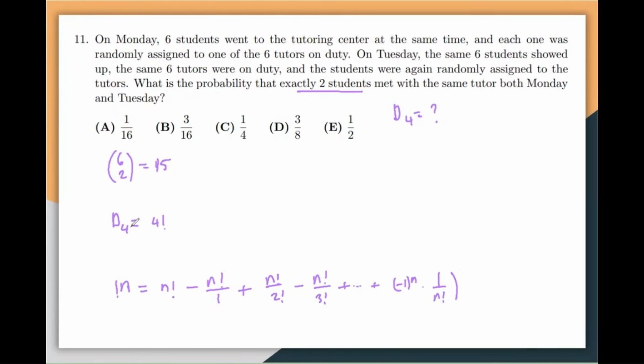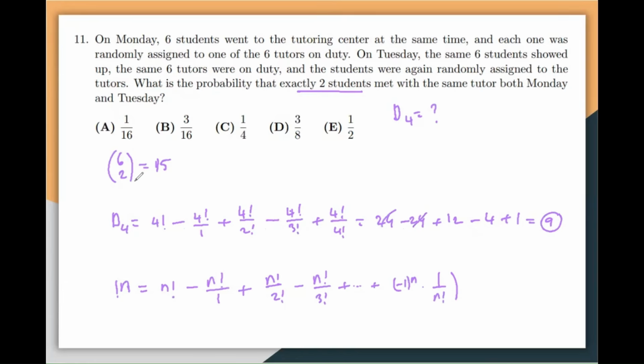We want to find D4, so we start with that. That gives us 4 factorial minus 4 factorial over 1 plus 4 factorial over 2 factorial minus 4 factorial over 3 factorial, and then plus 4 factorial over 4 factorial. So the first one is 24, and then minus 24. 24 over 2 is 12, and then 24 over 6 is 4, and then plus 1. These will cancel, so you get 12 minus 4 plus 1, which is 9.